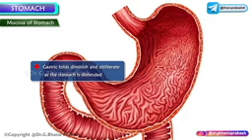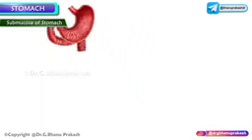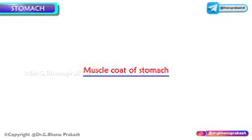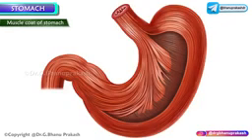So after the mucosa, the next layer is called the submucosa of the stomach. The submucosa is mainly made up of connective tissues. It contains arterioles and nerve plexus, and the mucous layer does not. And next one is the muscle coats of the stomach. Most superficial fibers are longitudinal in nature, and they are mainly along the curvatures.